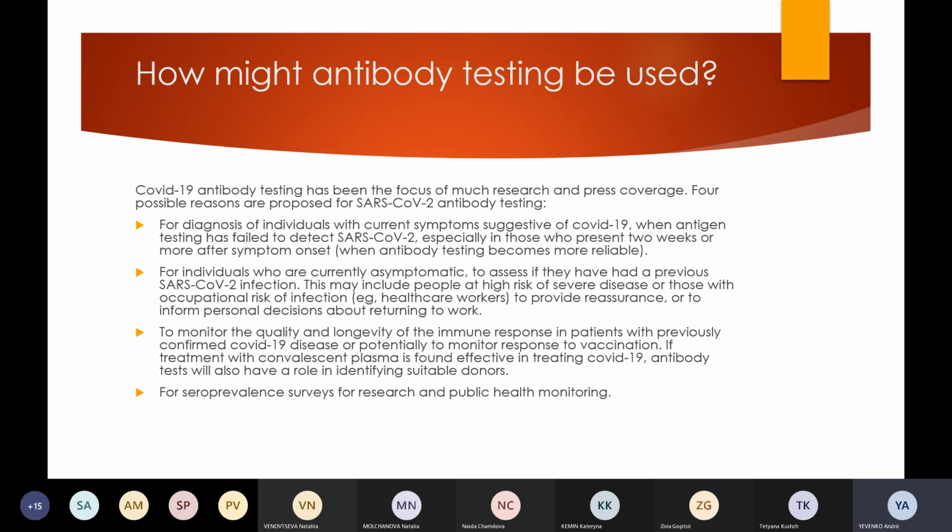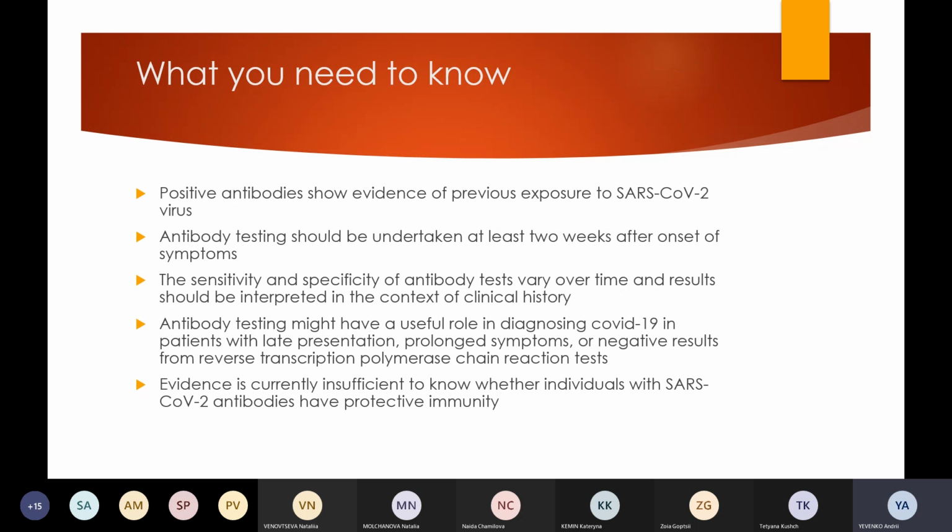Also, it is important to know that there is not enough information nowadays to know whether these kind of antibodies will prevent future infection. So mostly nowadays, what can antibody tests tell us? If antibodies are increased when we do the test, it means that you have probably had COVID-19 infection in the past.